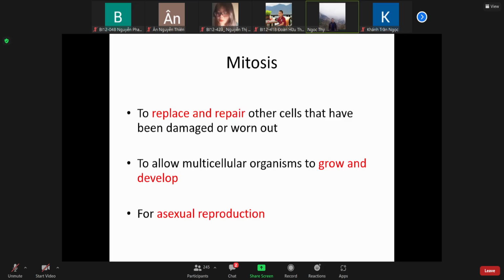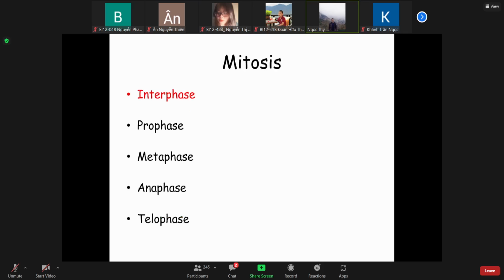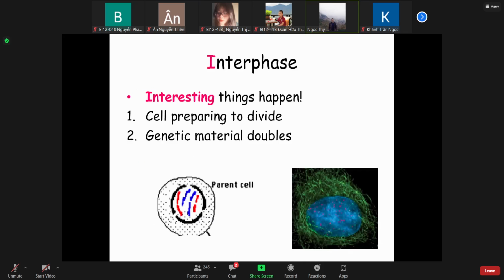Mitosis can also be used for reproduction in some species as asexual reproduction. Mitosis is composed of 5 stages, some say 4, because interphase is the preparation stage. In interphase, the cell prepares everything for cell division.